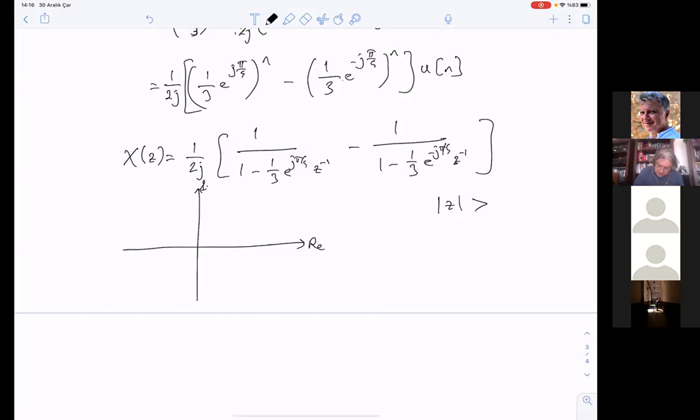This is the real axis, this is the imaginary axis. And one of them is at 1 over 3 e to the j pi over 4. Where is 1 over 3 e to the j pi over 4? If you are an unknowing student or an engineer who doesn't know much about mathematics, you may try to replace e to the j pi over 4 by cosine pi over 4 plus j sine pi over 4.